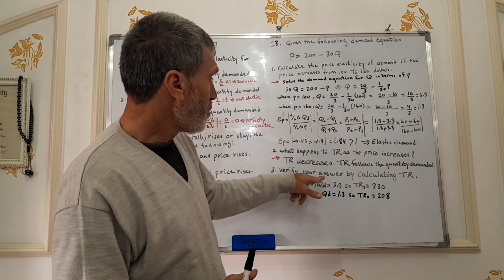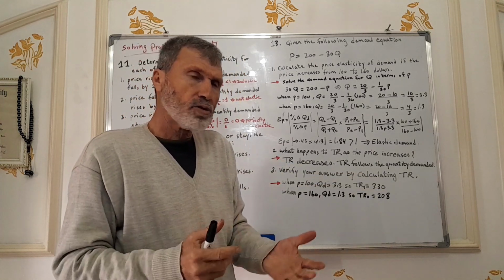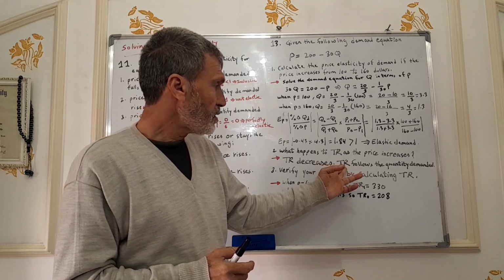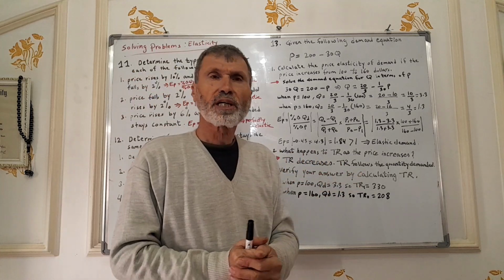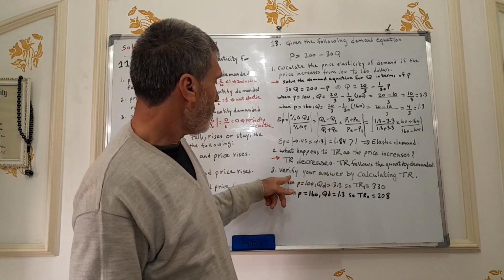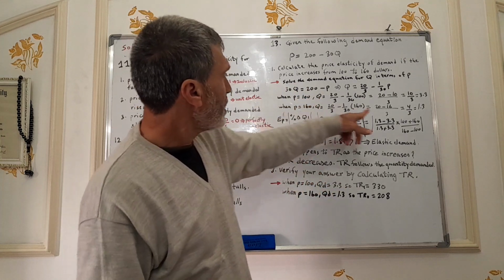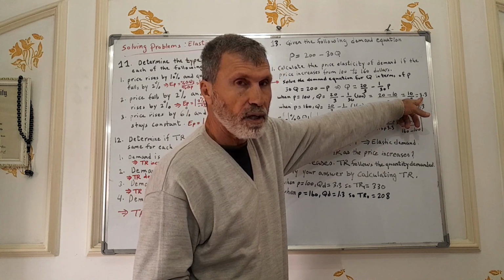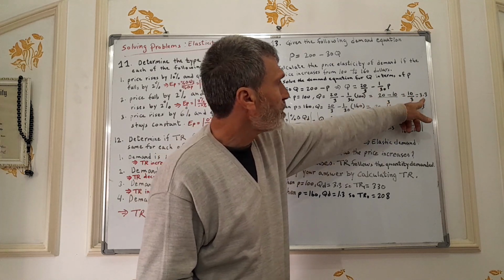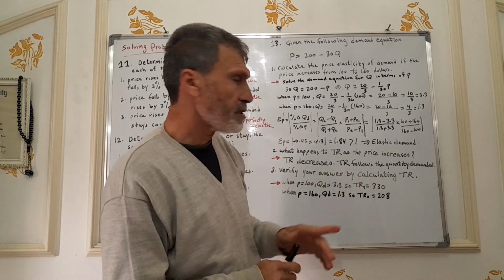Now, 3, verify your answer by calculating total revenue. In order to make sure that what we determined in part 2 is right, let's use the total revenue test. When price equals 100, the quantity demanded is 3.3. So total revenue, TR1, is 100 times 3.3, which gives us 330.